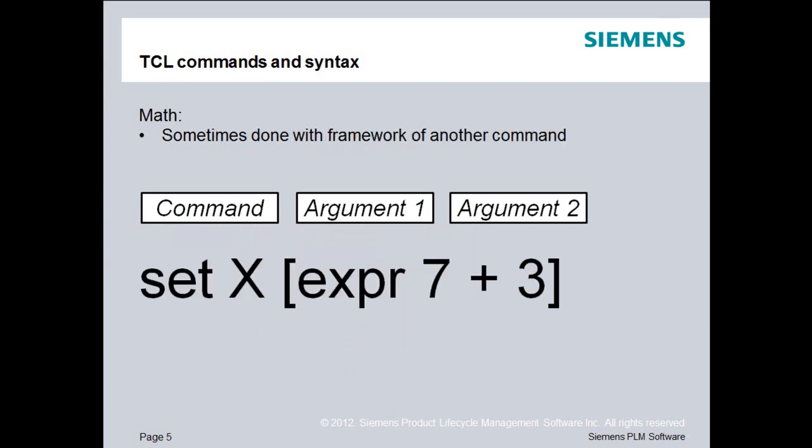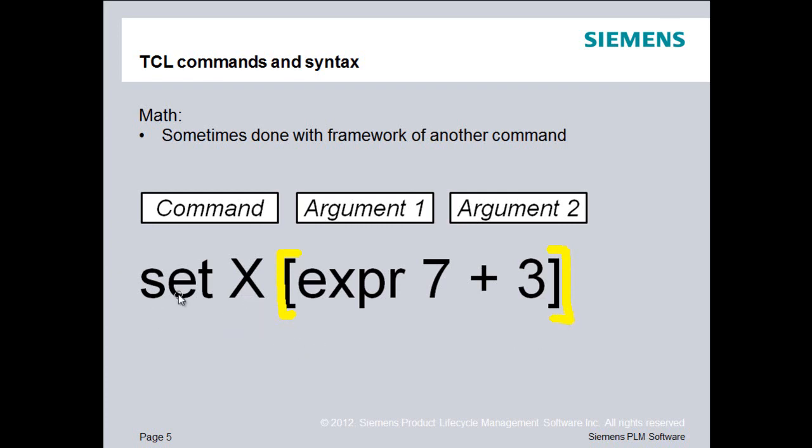Sometimes we will perform math functions within the framework of another command. So when we do that, we have to tell TCL that I want you to perform this calculation first and then perform the other command. So in this case, we have the EXPR command set within the framework of the set x command.